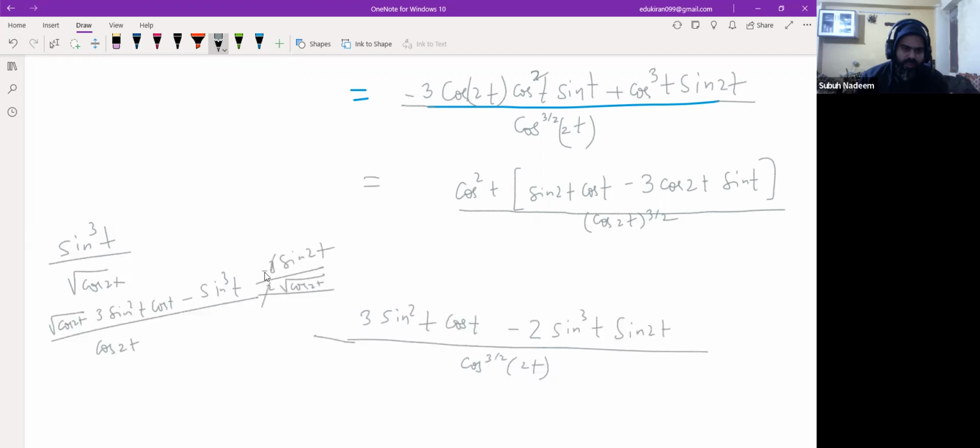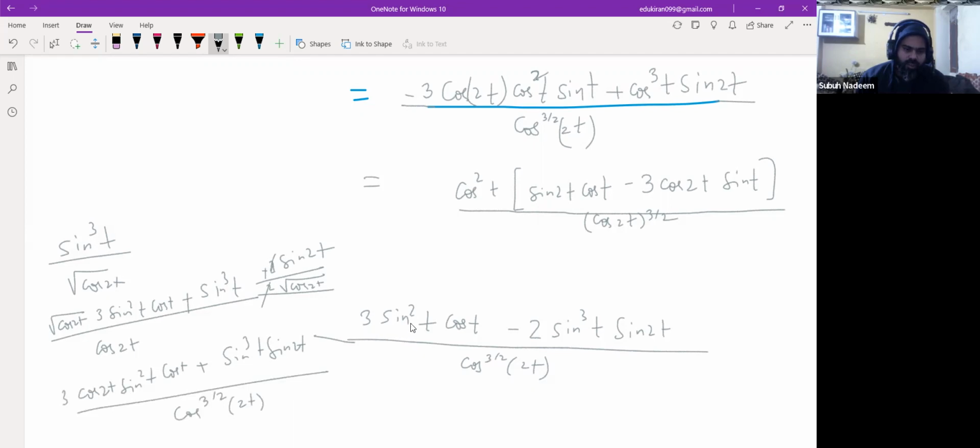So this cancels, this becomes plus here, and then we have LCM, so cos 2t into 3 sine square t cos t plus sine cube t sine 2t by cos to the power 3 by 2 of 2t.